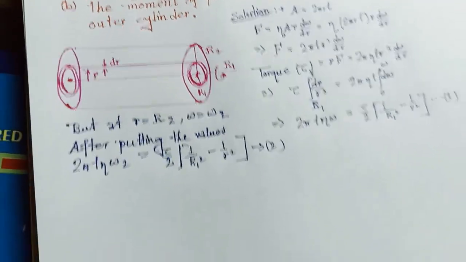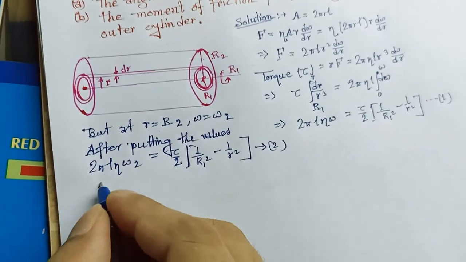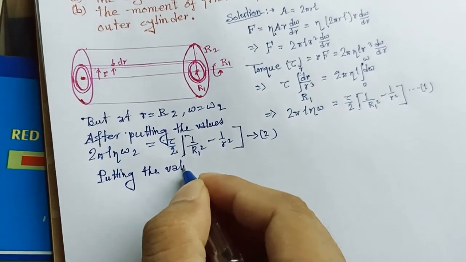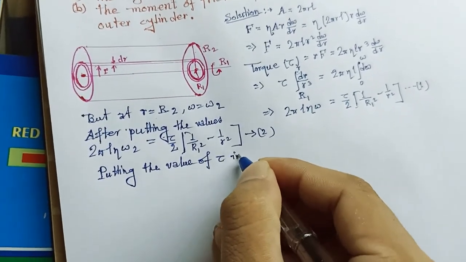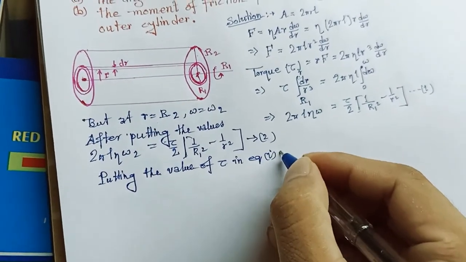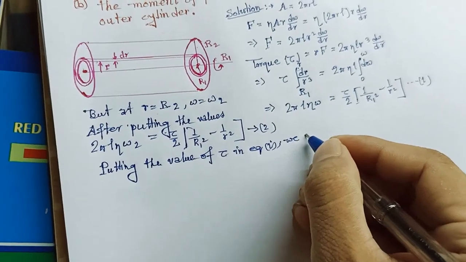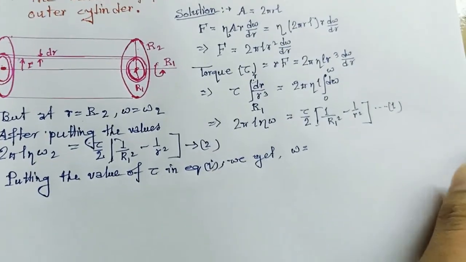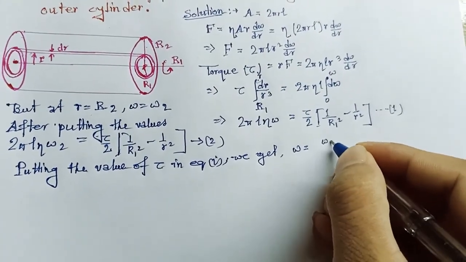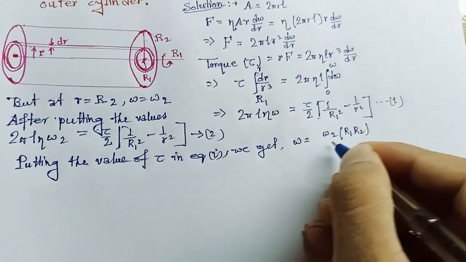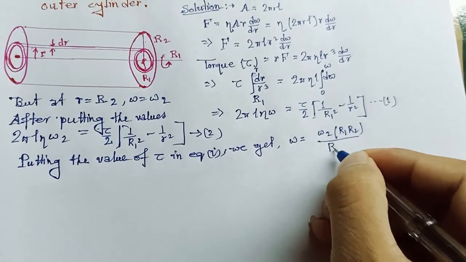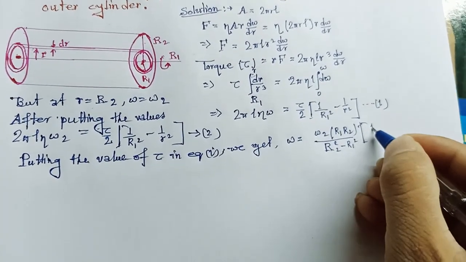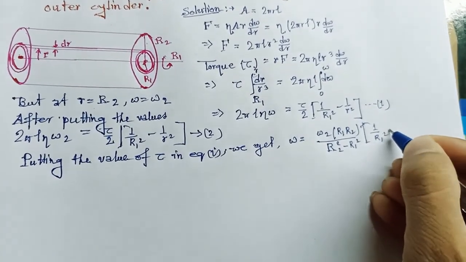So putting the value of tau in equation 1, we will get omega is equal to omega 2 into r1 r2 divided by r2 square minus r1 square multiplied by 1 divided by r1 square minus 1 divided by small r square.